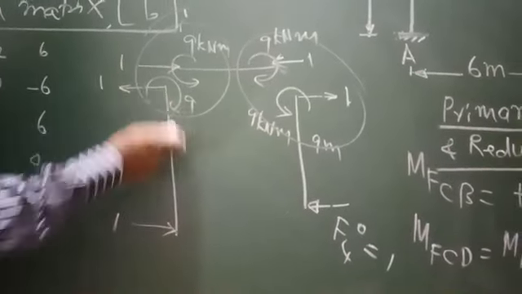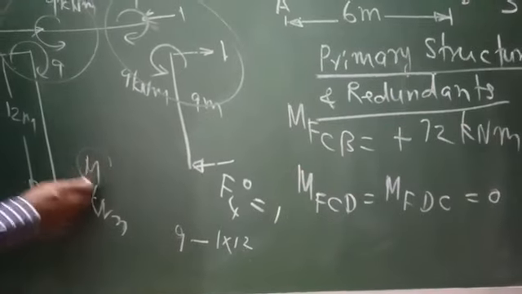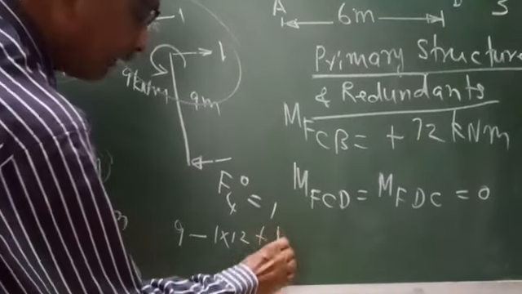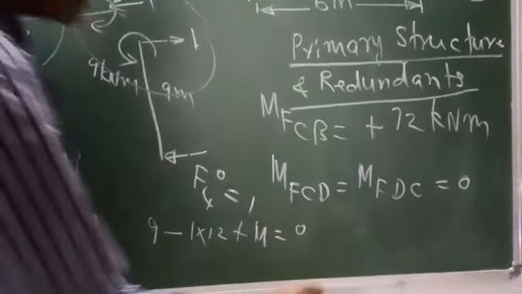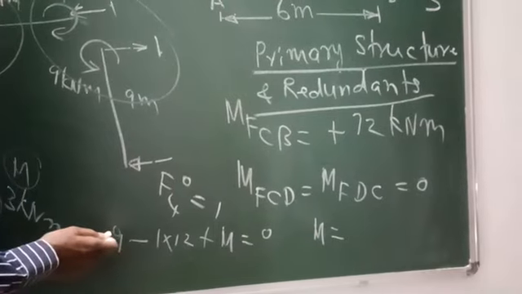Suppose if there is any confusion, let us call this as M. When you take moment about this, 9 minus 1 into 12 plus M equal to 0. Therefore, M equal to, when this goes to the right hand side, it will become minus, it is 3.